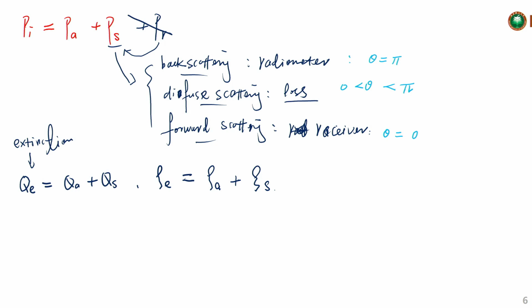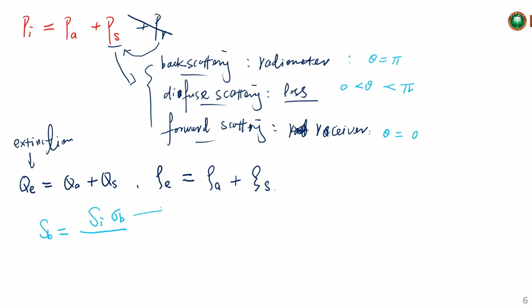So for the radiometer, we are more concentrated on the backscattering, right? So we use the power density as SB. It is related to the backscattering, the instant power density times a term here, sigma b.